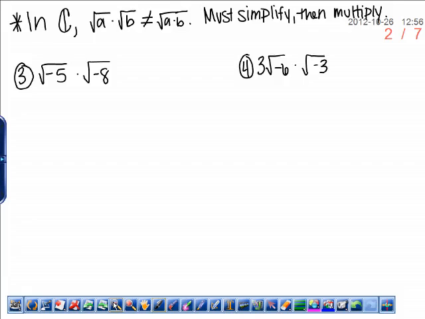So, on number 3, I've got the square root of negative 5 times the square root of negative 8. So I'm going to simplify both of them. So the square root of negative 5 is the square root of 5 times the square root of negative 1, which is i root 5. Would you agree with that?